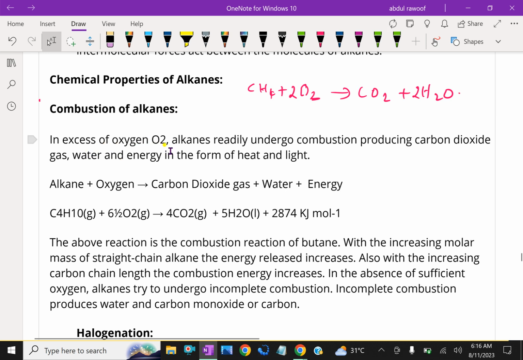With excess oxygen, alkanes readily undergo combustion producing carbon dioxide gas, water and energy in the form of heat and light, here 890 kilojoules per mole.